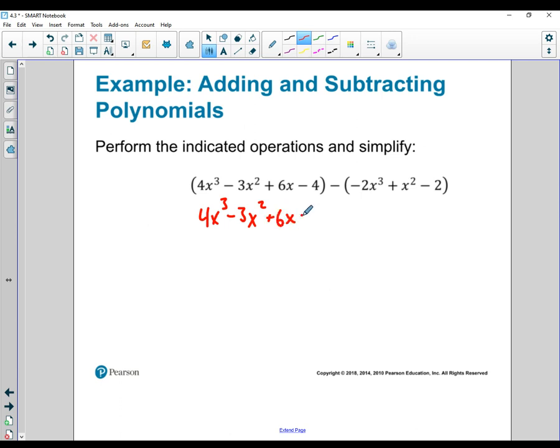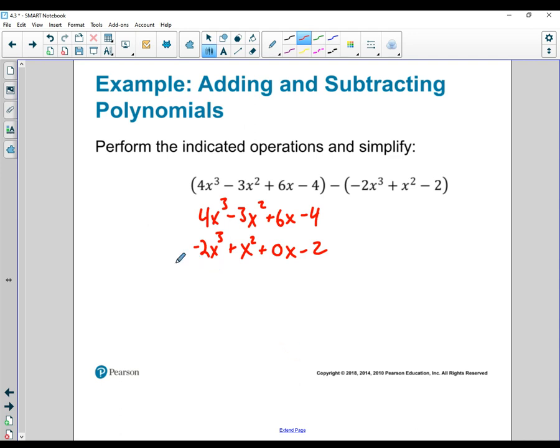This one's already in standard form for us, very nice. And then here we have negative 2x cubed plus x squared minus 2 is over here. So really we have like plus 0x here.